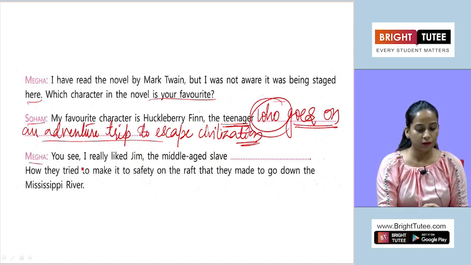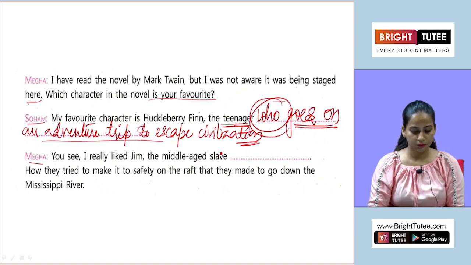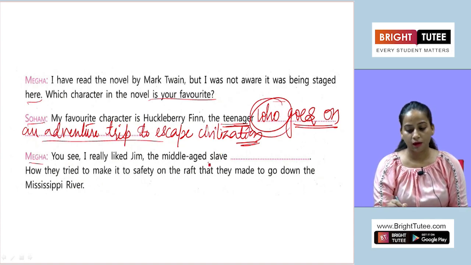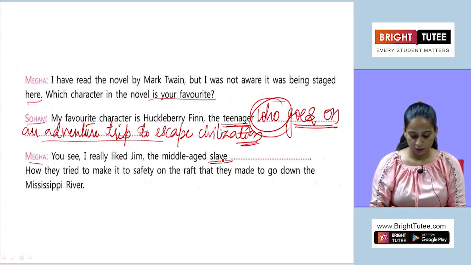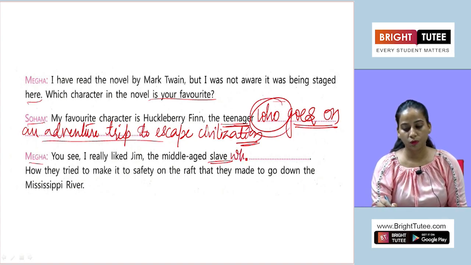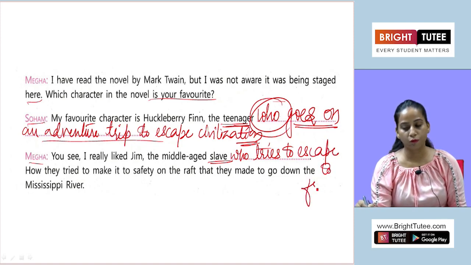Megha, you see, I really like Jim, the middle-aged slave. Then, based on the relative clause, you have to find: middle-aged slave who tries to escape to freedom.